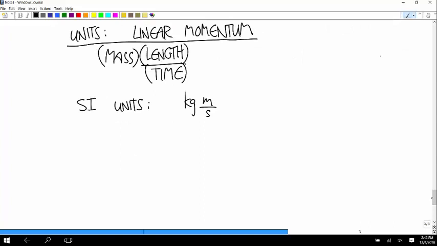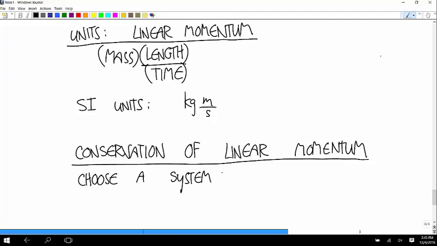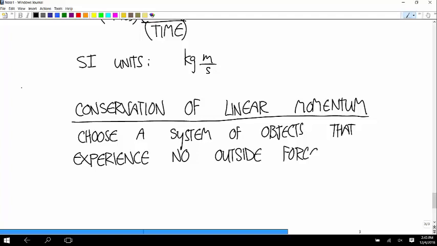Okay, so conservation of linear momentum says, choose a system of objects that experience no outside forces in your chosen coordinate system.